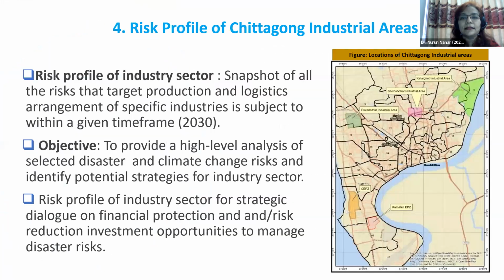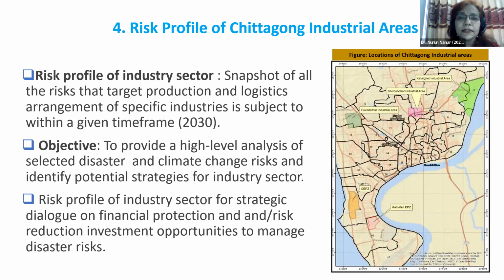And the next activity I'd like to mention, a very important task that we're doing from the NRP programming division, is the risk profile of the Chittagong industrial area. You might know that risk profiling is an activity carried out by different sectors around the country. What we're doing here is for the industry sector.